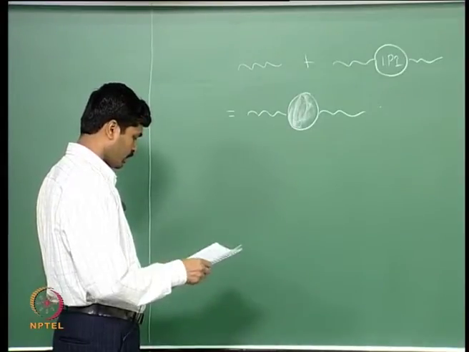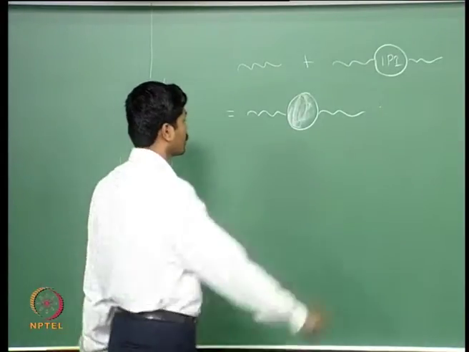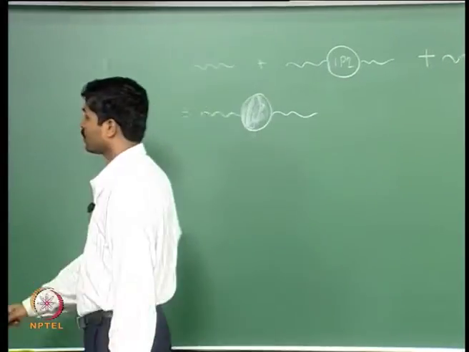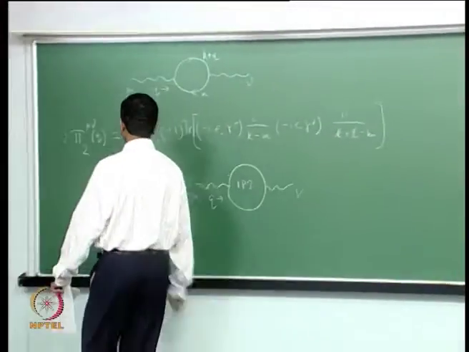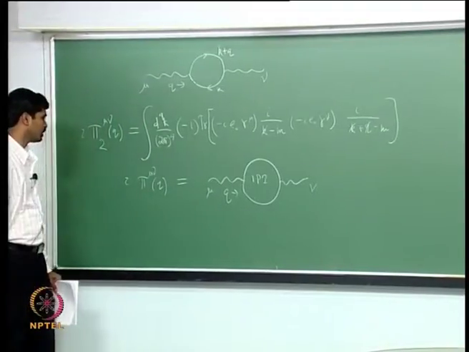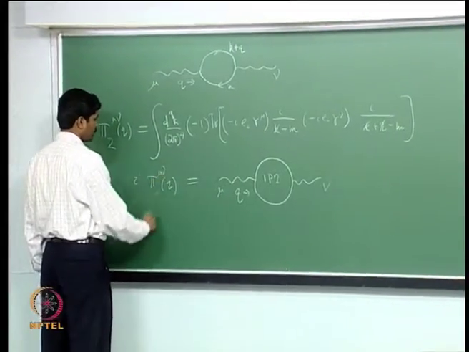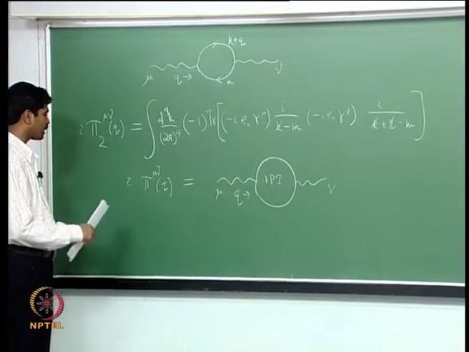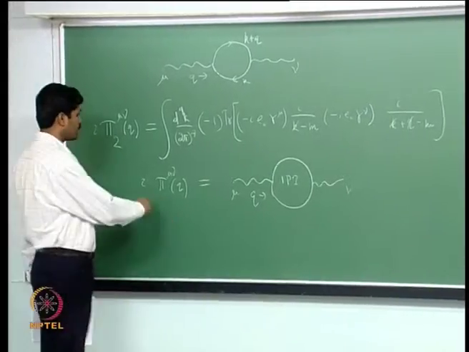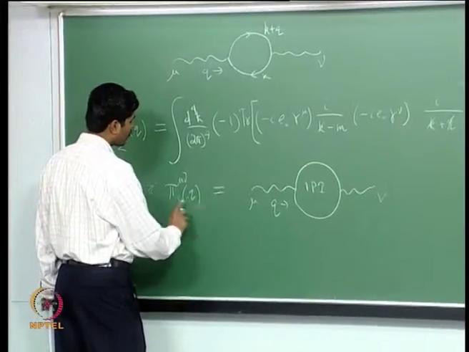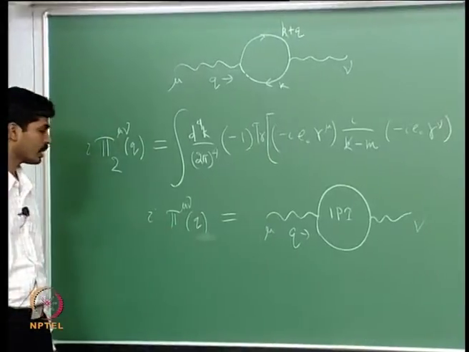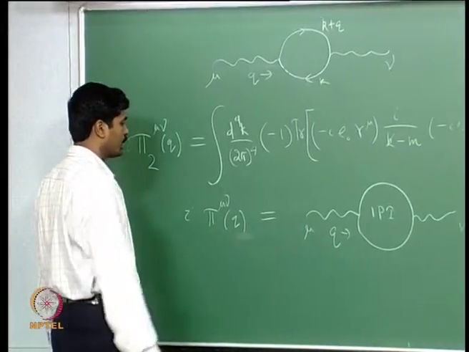Even before we try to compute this quantity, we can see what form this object can take. Using symmetry arguments and the Ward identity, we can determine the most general form that it can take.